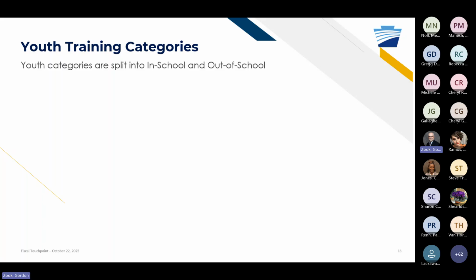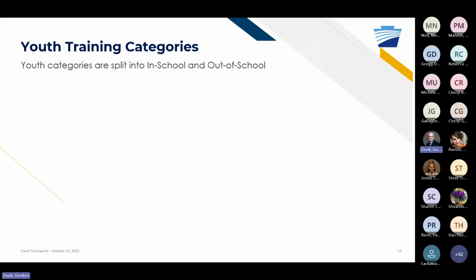Okay, youth training. The youth expenditures are split into in-school and out-of-school youth, and there are corresponding categories for each.